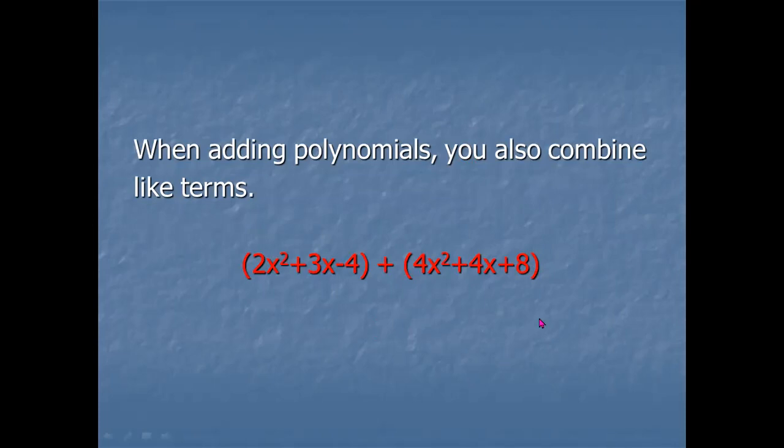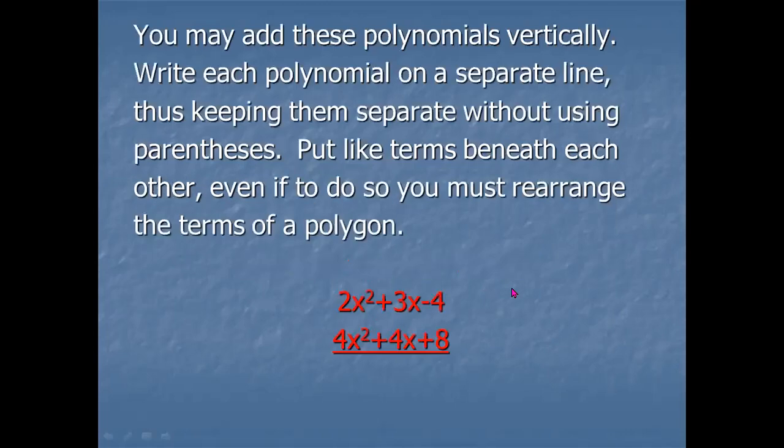So here, 2x squared plus 3x minus 4 plus 4x squared plus 4x plus 8. As you can see, the x squared terms are the same, 3x and 4x are similar, and negative 4 and positive 8 are similar. So we are now going to combine like terms.